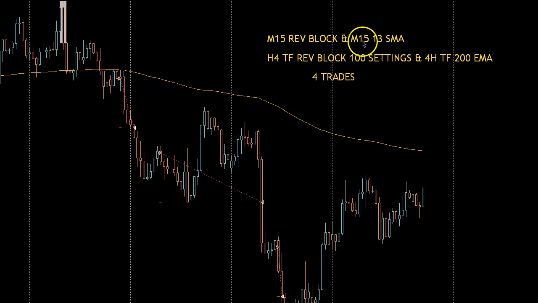So I want this filter, and then I also added a higher time frame reversal block. So right over here, this would be the reversal block, right? Under the 100 settings, and then I also did the higher time frame 200 exponential moving average.